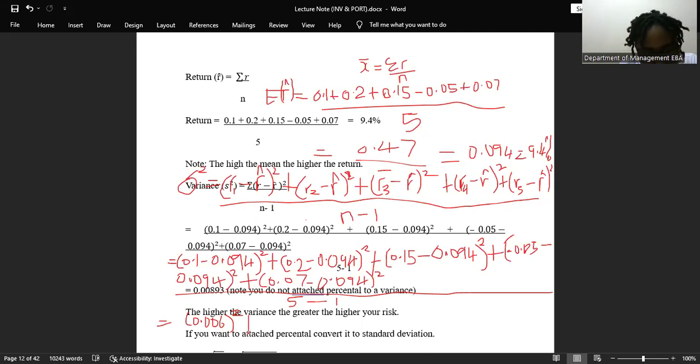Plus this. That is 0.2 minus 0.094. That is 0.106. Great. Plus this minus this. So that will be 0.15 minus 0.094.